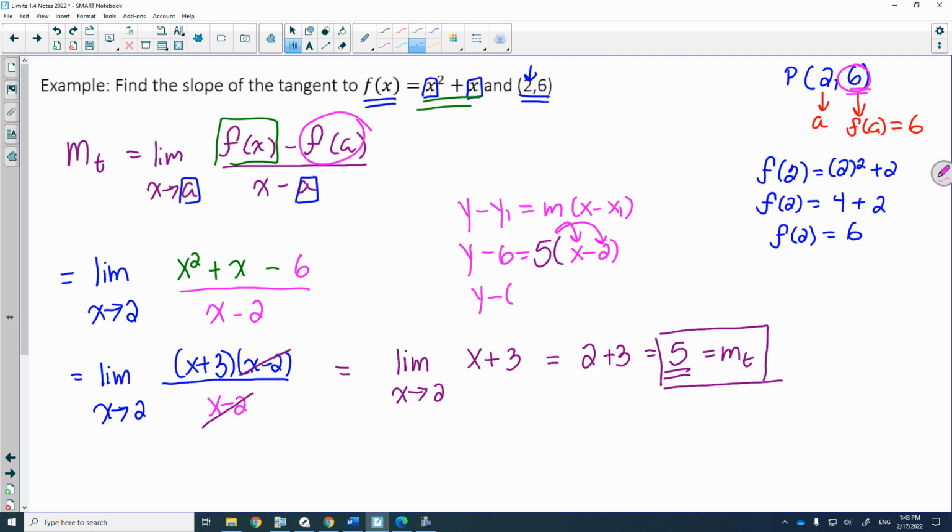Y minus 6 is equal to 5x minus 10. If it doesn't say to put it in general form, I'm just going to put it into y equals mx plus b form. So I'm going to add 6 to both sides, and the equation of the tangent line would be y is equal to 5x minus 4. So that would be the tangent line.